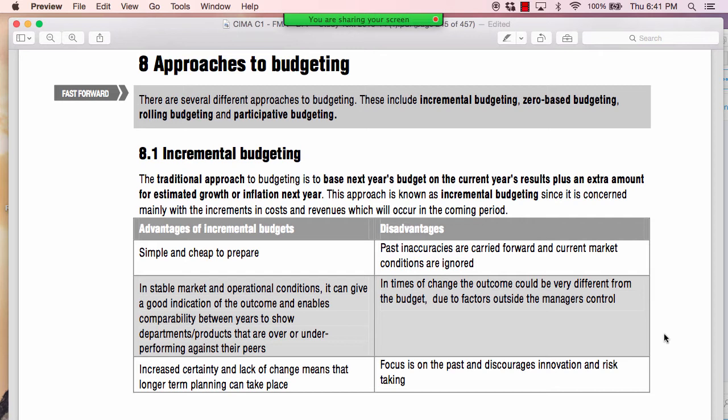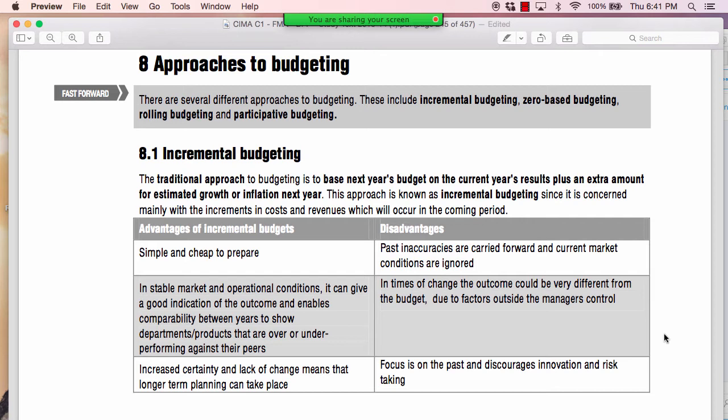So it's looking at the current year's results and adding a 10% or 15%. It's very easy to understand, easy to do, right? However, the disadvantage is it's not looking at the environmental factors. Maybe my environmental factors are not the same as last year.